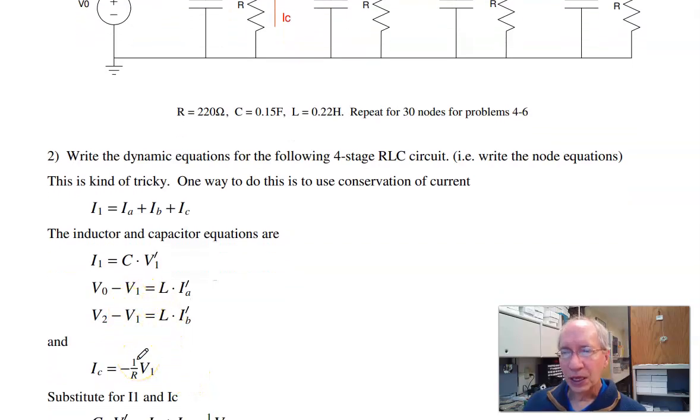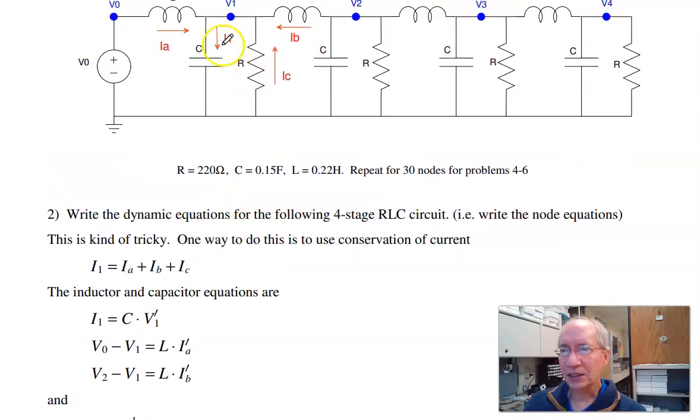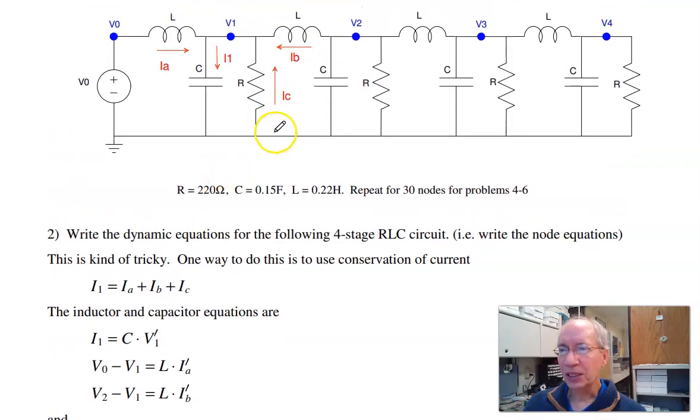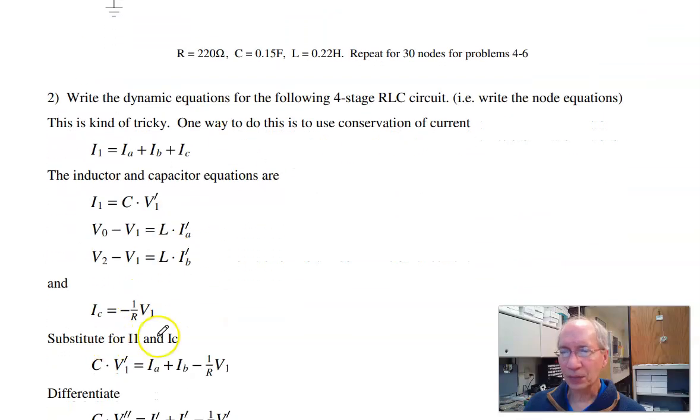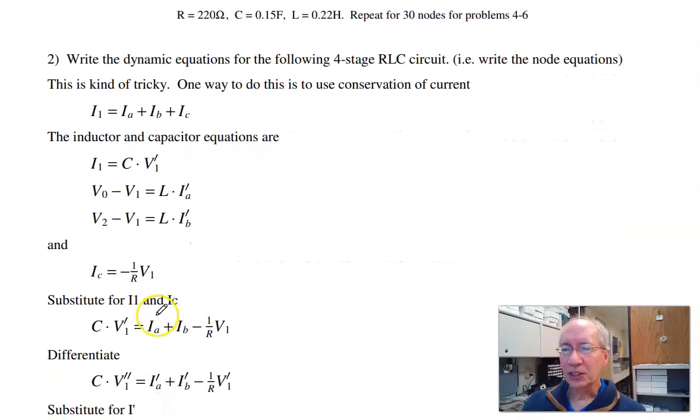So I know that IC, the third current, is 0 minus V1 over R. So now I start substituting. C dV/dt is all these added up together, your IA plus IB plus IC, and there's IC.